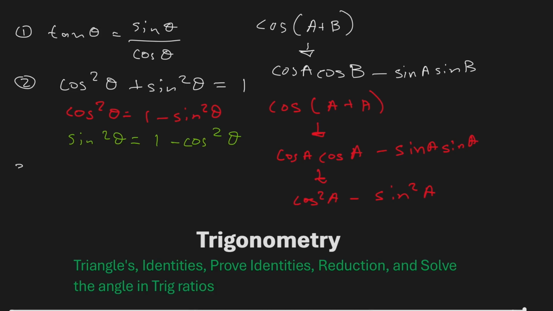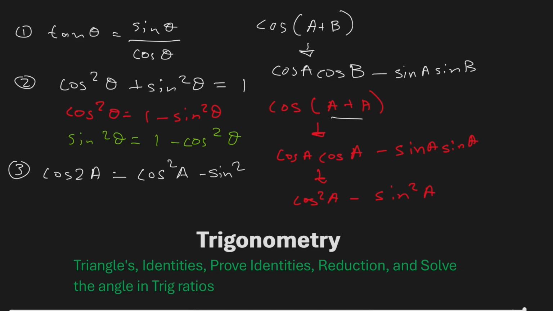So for a double angle of cos, if we have cos of 2A, because inside we have A plus A, we can write it as 2A, we know that this is identical to cos squared A minus sin squared A.